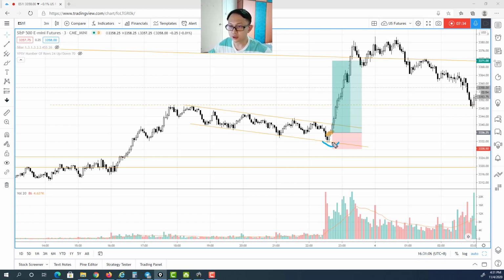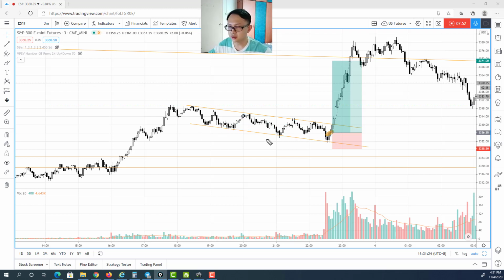We can see that every time we have this kind of false breakout, the S&P recovers. If we draw this up again: false breakout, recover. Here it goes again, false breakout, and a recover.